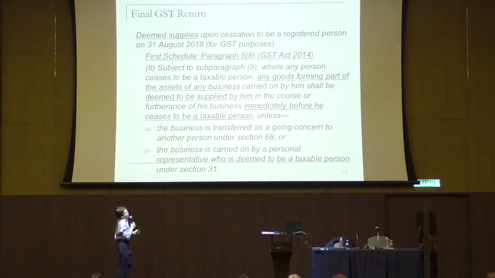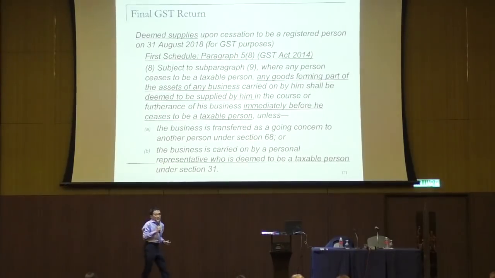First schedule, paragraph 5, says, subject to subparagraph 9, where any person ceases to be a taxable person, any goods forming part of the assets of any business carried on by him shall be deemed to be supplied by him in the course or furtherance of his business immediately before he ceases to be a taxable person. So this is the provision. So what happened on 31st August?